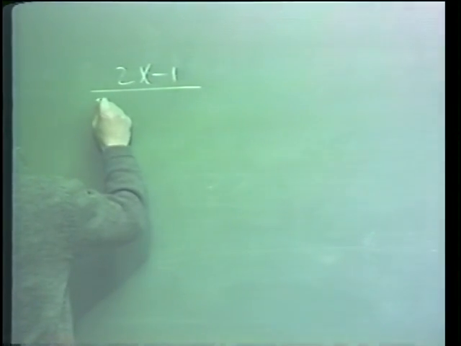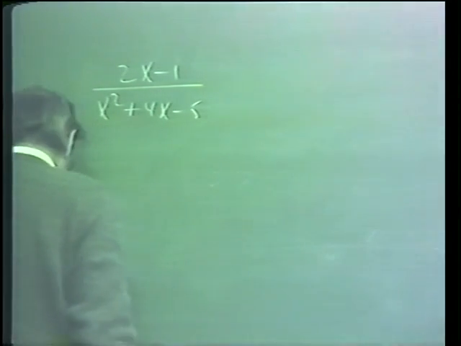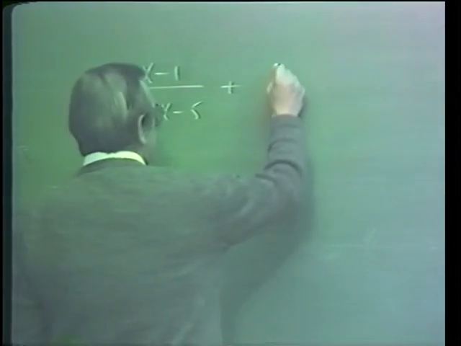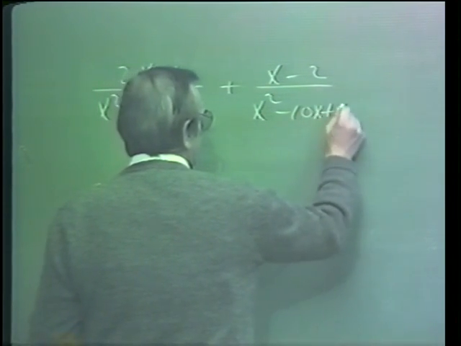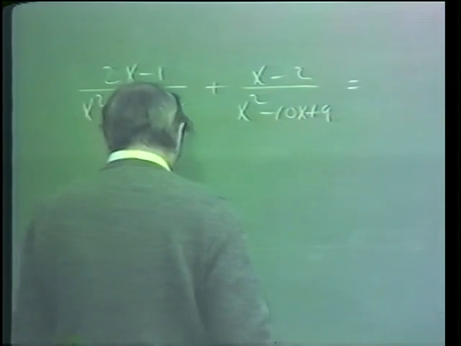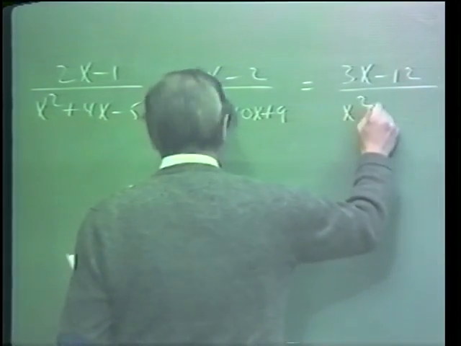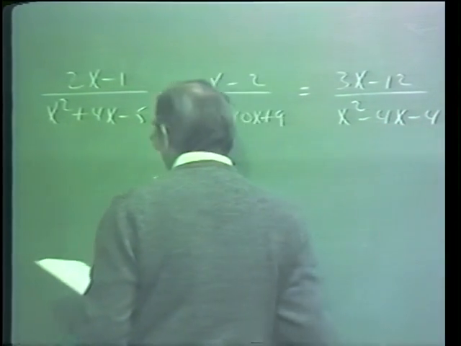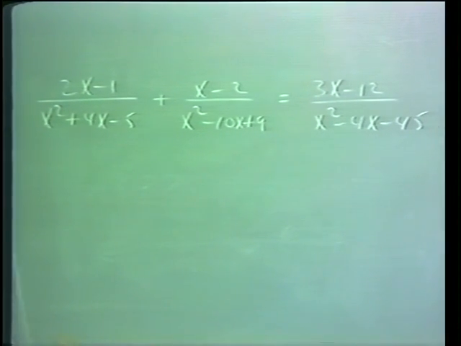Two x minus 1 over x squared plus 4x minus 5, plus x minus 2 over x squared minus 10x plus 9, is equal to 3x minus 12 over x squared minus 4x minus 5, yes.